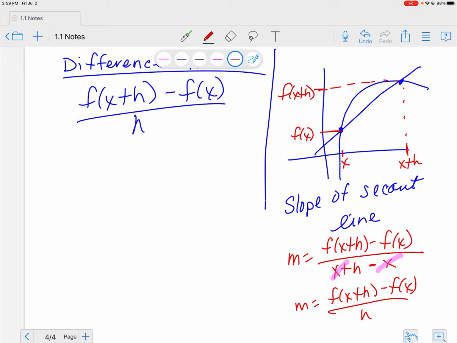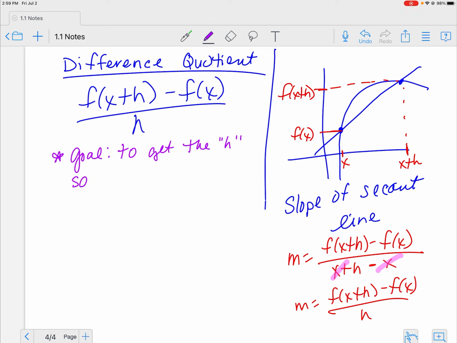Now, here's a little tip for you. When we're talking about the difference quotient, our goal is to get the h so it is not multiplied in the denominator. You can have the h as something plus h or minus h, but it can't be multiplied.